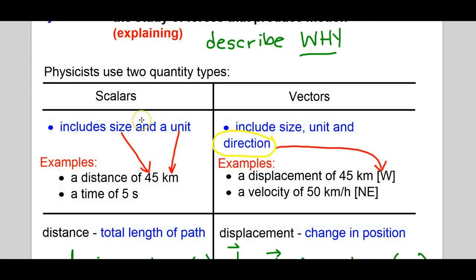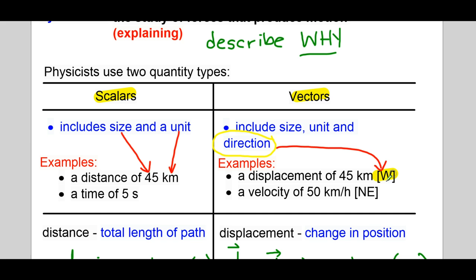When we start working with numbers and formulas, we're going to be working with two different types of quantities, basically. Those names are scalars and vectors. And the difference between the two is very, very simple. Both involve numbers, both involve units. The only difference is that a vector has direction.